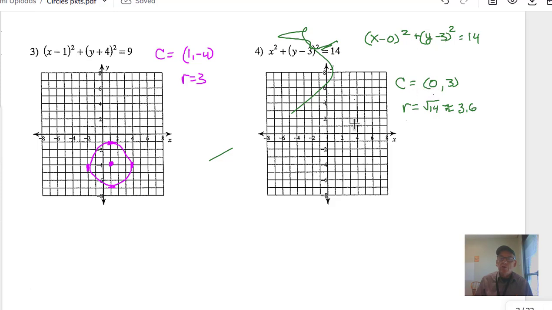So we're going to put our center at (0, 3), and we're going to go to the right 3.6, to the left 3.6, up 3.6, and down 3.6. And that's going to be our circle represented by x^2 + (y - 3)^2 = 14.